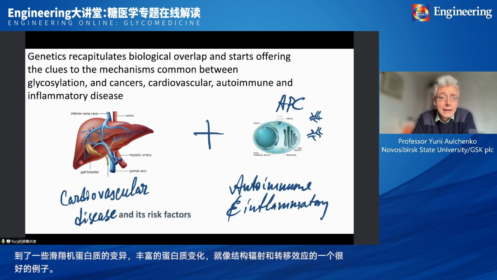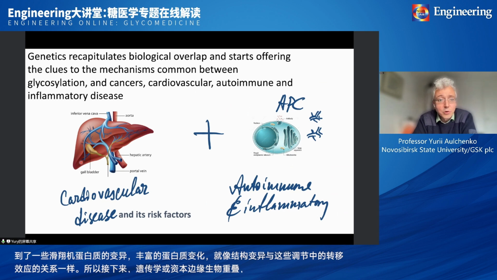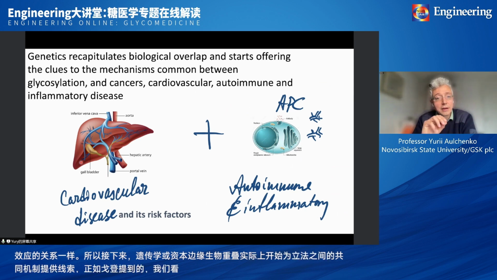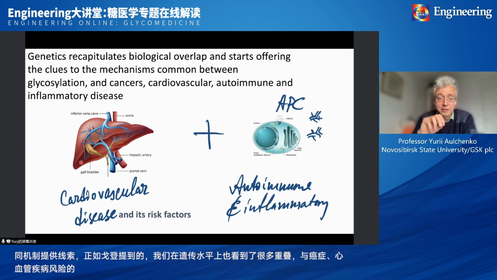Next, genetics recapitulates biological overlap and in fact starts offering clues to the mechanisms common between glycosylation and, as Gordon mentioned, we see a lot of overlap also on the genetic level with determinants of risk to cancer, cardiovascular, autoimmune, and inflammatory disease, these classes of diseases, right?